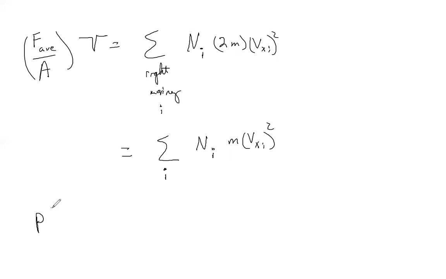The second factor is volume, as is obvious. And what I want to do is multiply and divide by the total number of particles in the entire box. I can do that. I've just multiplied by 1 in a clever way. But then this looks like the probability of having the ith velocity.